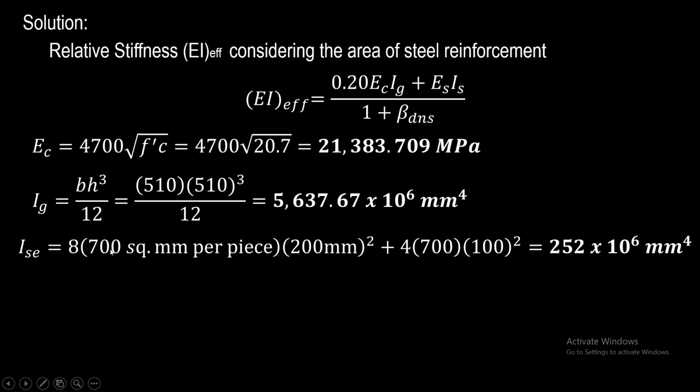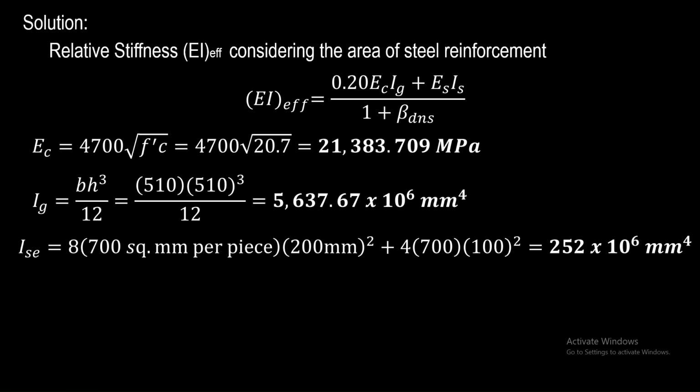That is the origin of this value: the area of each bar and the squared distance from the center of gravity. If we compute this equation, we have 252 times 10 raised to 6 millimeter raised to 4 for the moment of inertia caused by the steel reinforcement.